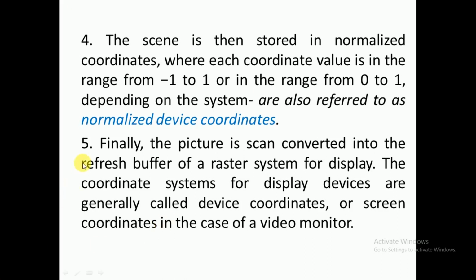Then finally the picture is scan converted into the refresh buffer of a raster system for display. The coordinate systems for a display device are generally called device coordinates, or screen coordinates in the case of a video monitor. You take input from the frame buffer and convert it to device coordinates.